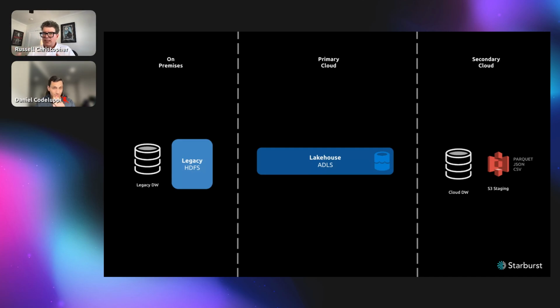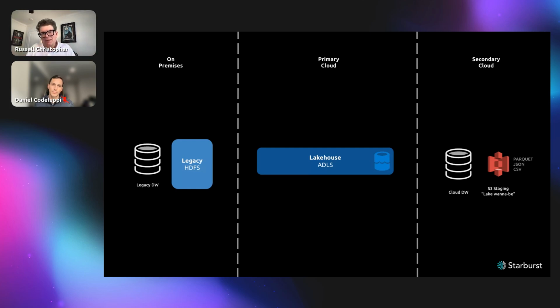And then, of course, you need to feed that beast with data, which means you're now using object storage. And then over time, people start throwing their cast off, Parquet and CSV and JSON. And all of a sudden, you're developing these sort of wannabe lakes all over the place in secondary and tertiary clouds. So how do you tie this stuff all together?